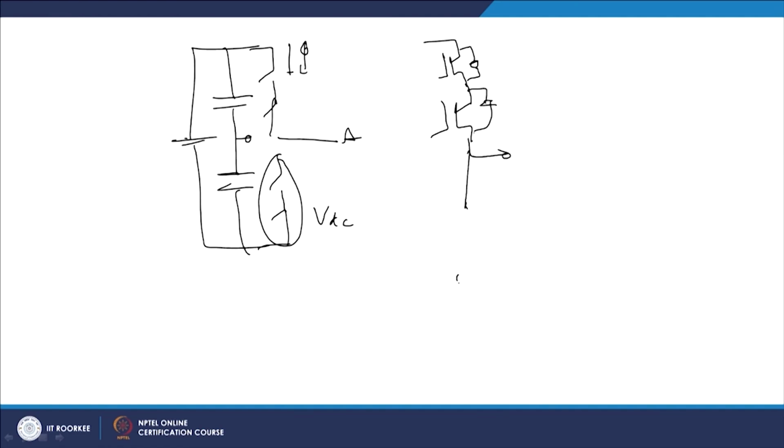Thereafter, it has to block the voltage of VDC, and this point is the midpoint of the capacitor. It has to again block the voltage VDC by 2 in this configuration.